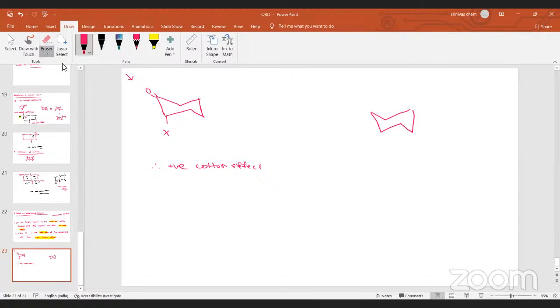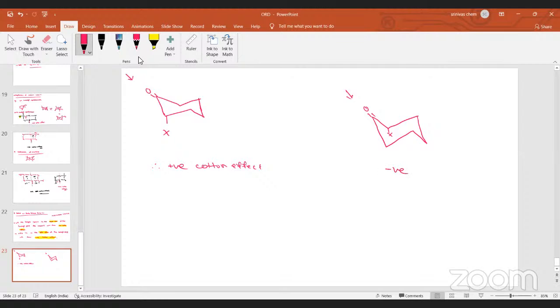Now in the other case, viewing from this side, the axial alpha halogen is on the left side of the carbonyl group.